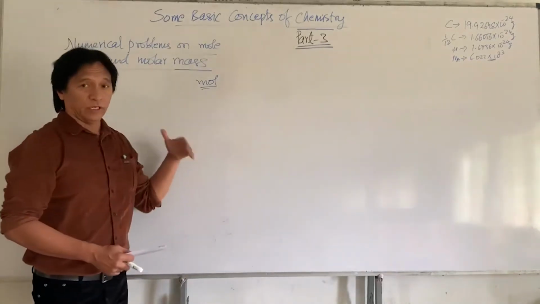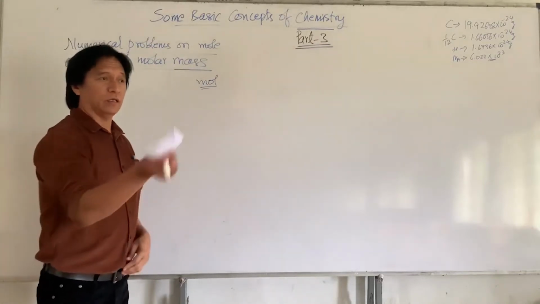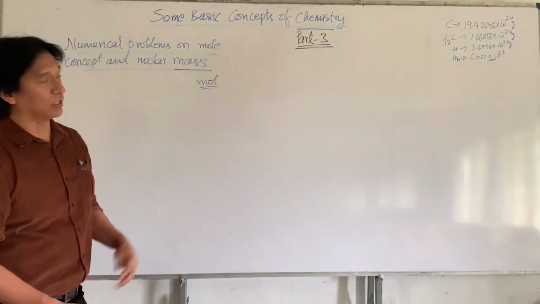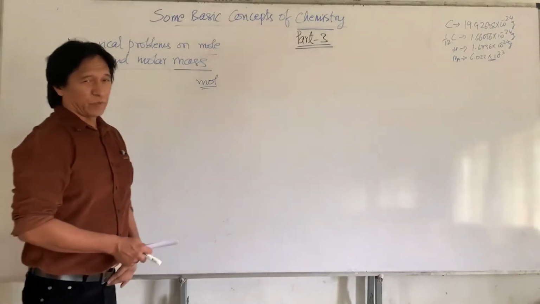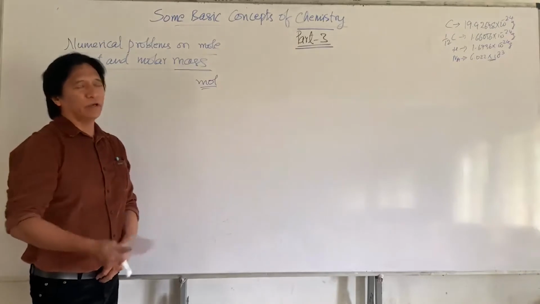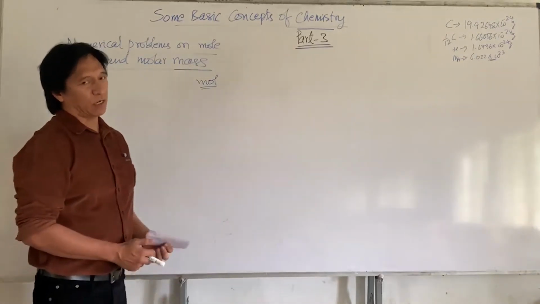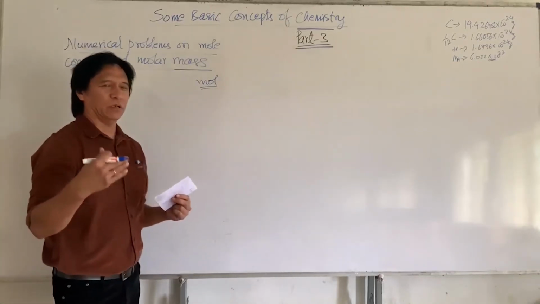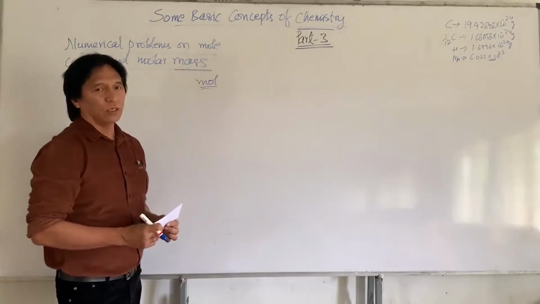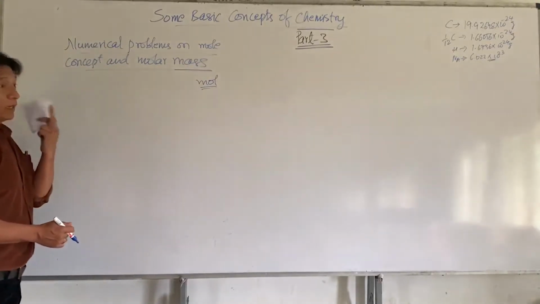So I don't have to explain these things once again because I've explained these in detail in the previous video section, that is part 2. And then the other thing is molar mass. Now the mass of 1 mole of any substance expressed in grams is called the molar mass, right? Okay, so these two have been explained in part 2, and based on this now we're going to work out some numerical problems.